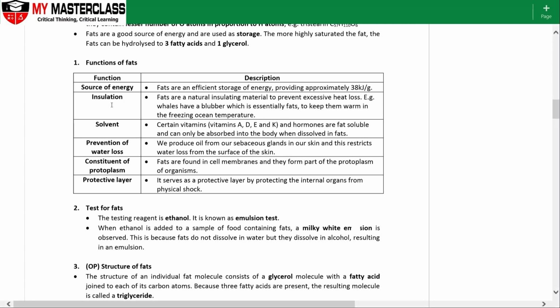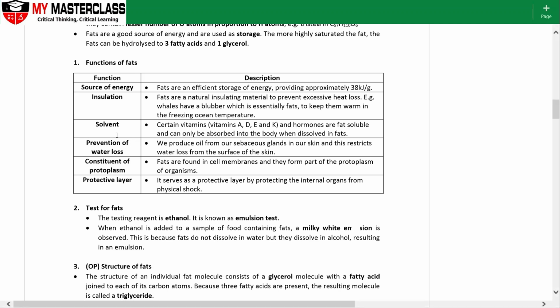They insulate against excessive heat loss, and act as a solvent for certain fat-soluble vitamins like vitamins A, D, E, and K, and hormones as well. Which means that without the presence of fats, these vitamins and hormones are not able to be dissolved properly and utilized in the body system.